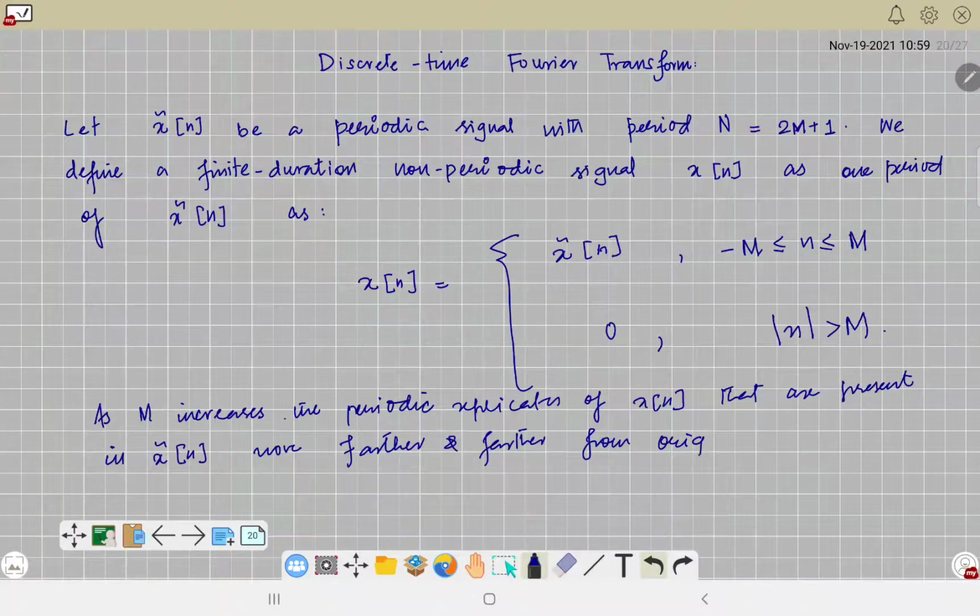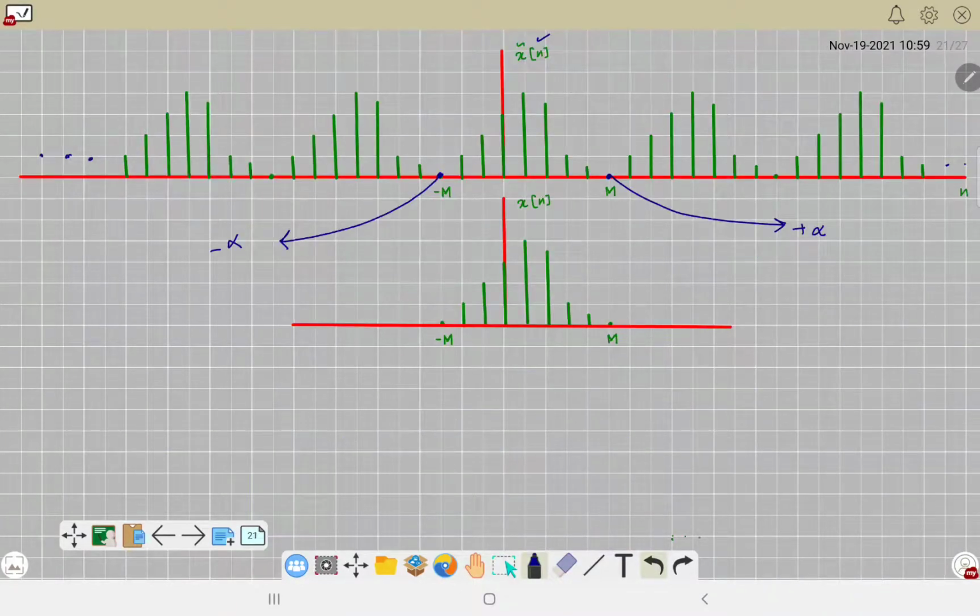Fine. So under a limiting case, I can say that my x of n is equivalent to x tilde n as M tends to infinity. Because as M tends to infinity, this will go to minus infinity, this will go to plus infinity, and these two waveforms will be quite similar.